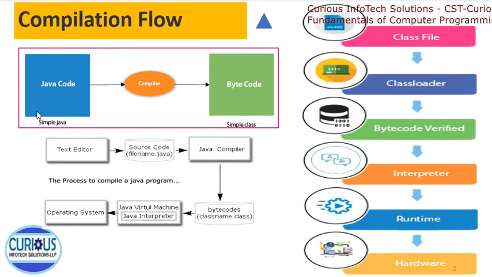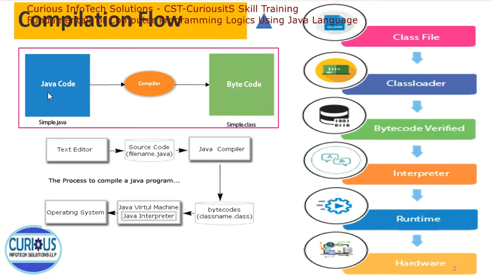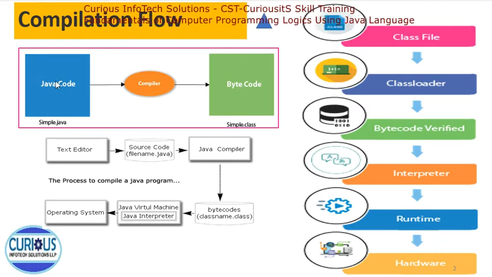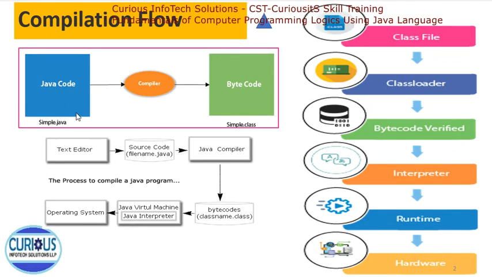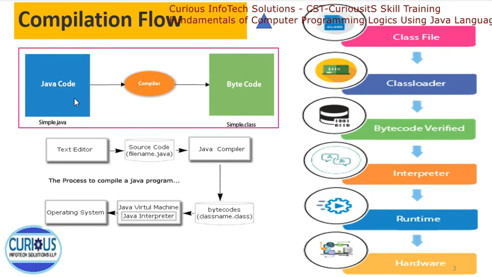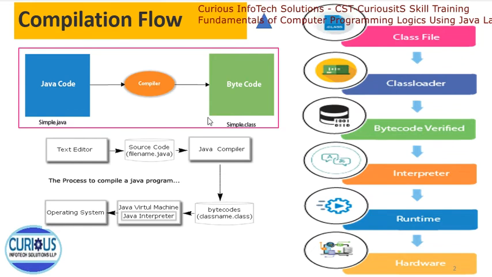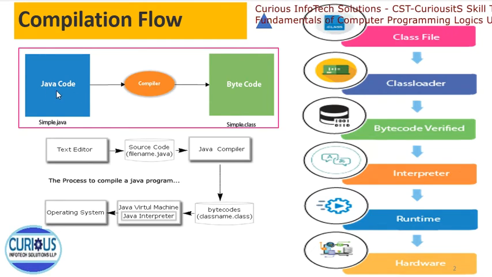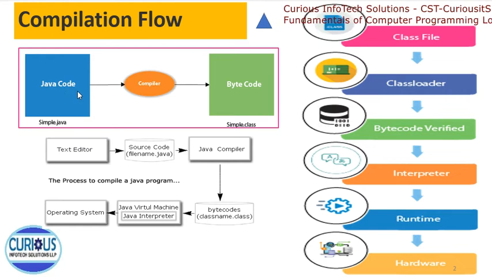this is written in the high level language, so this is readable by only human, and this source program cannot directly understand by our computer. So we have to do translation.